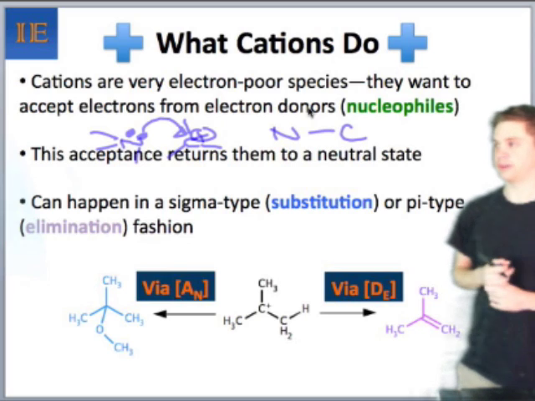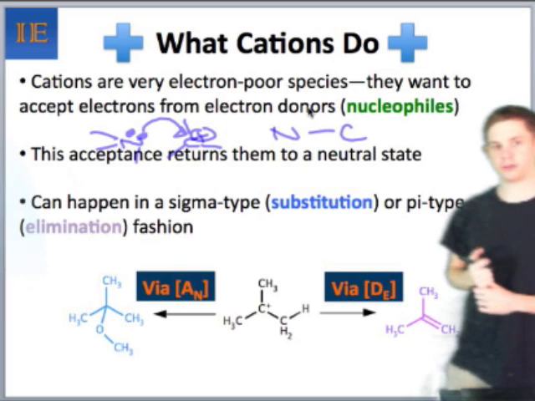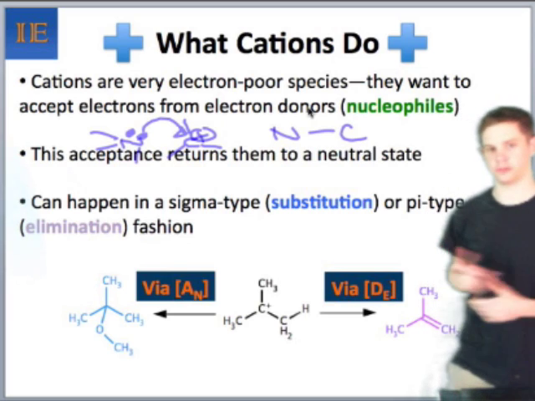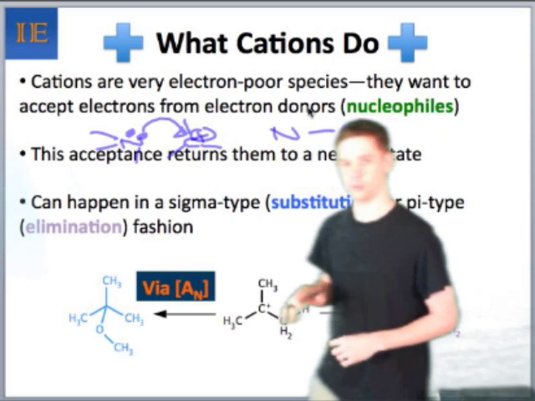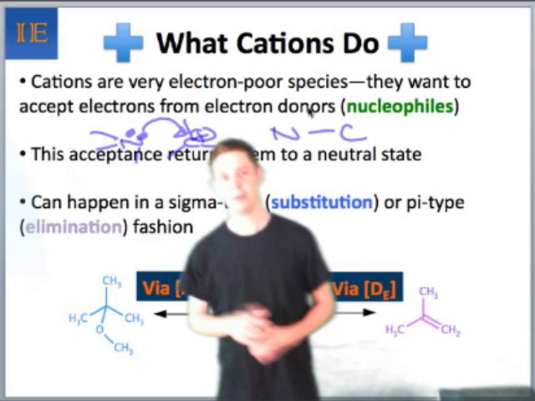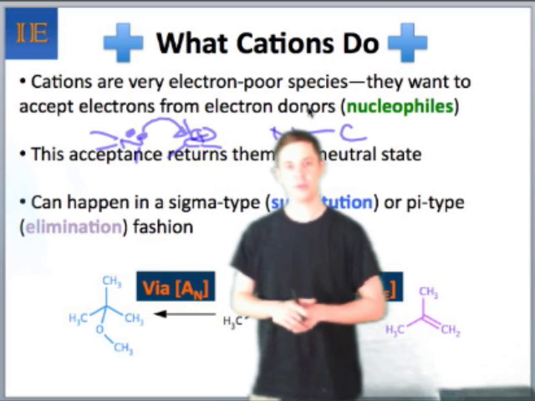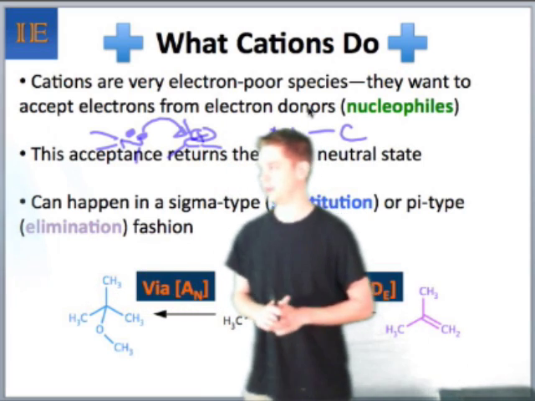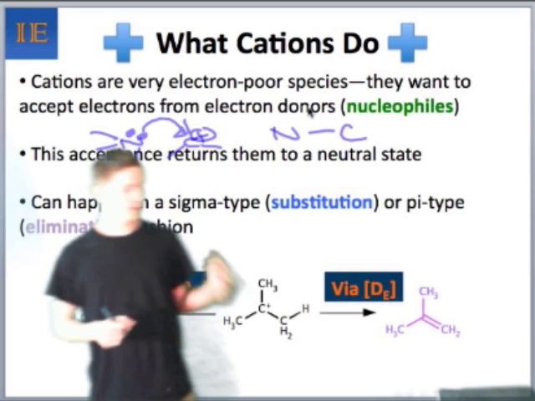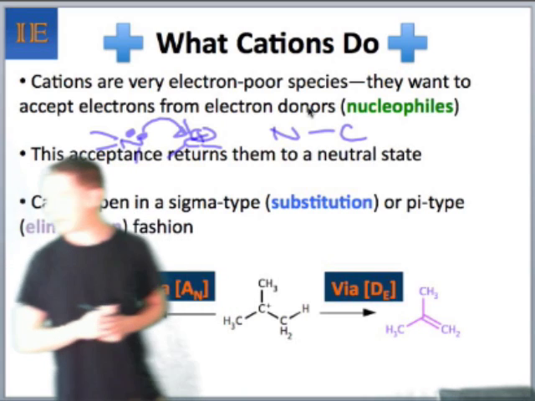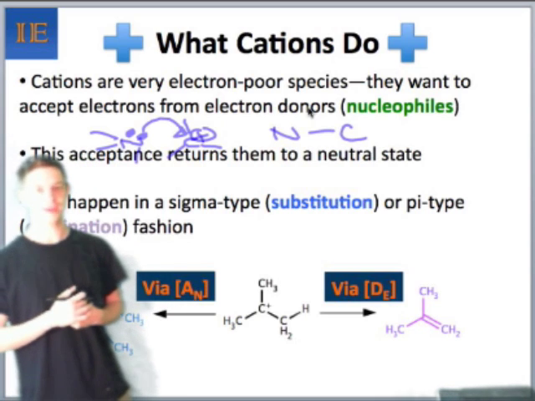It doesn't always have to be that way, though. Pi-type interactions can also occur, and these are called eliminations because they typically lead to the overall elimination of what's usually an acid and the formation of a pi bond. And this is a very general reaction type that you see quite often in organic chemistry, the elimination reaction. And so this diagram here at the bottom of the slide really details for you the two pathways that cations can undergo, just two of many pathways.